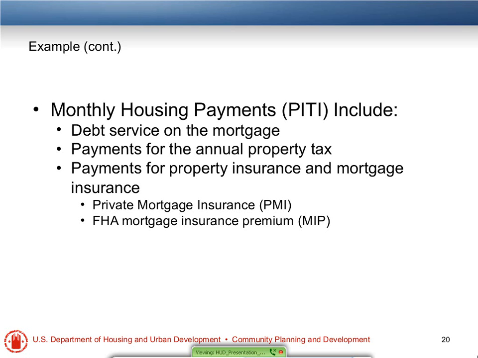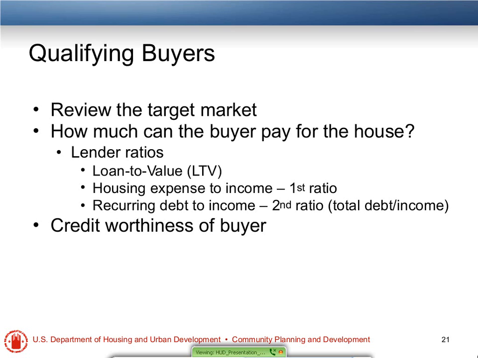This is the casualty insurance, and it may need to include mortgage insurance, either private mortgage insurance on a conventional loan or a mortgage insurance premium on an FHA loan. So principal and interest on the mortgage, and then taxes, annual taxes, and annual insurance payments. A portion of each payment goes to pay those expenditures.